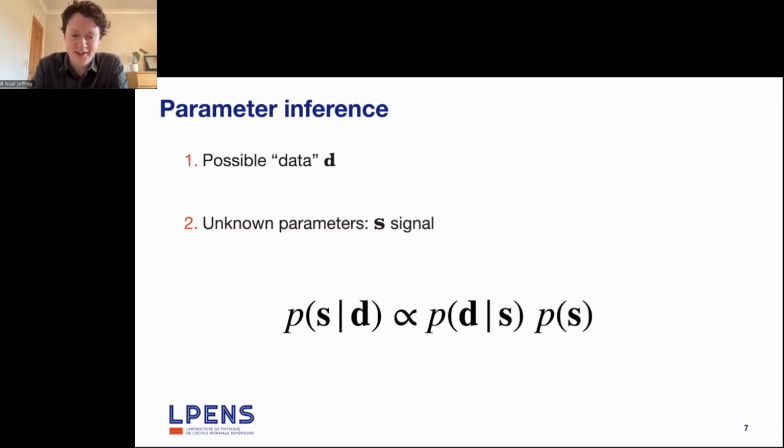Okay, so the thing on the left is the posterior probability for that signal given our data, and it's related to the likelihood and the prior, where the likelihood is this sampling distribution, the probability of the data given the signal, evaluated for the actual data we observed.